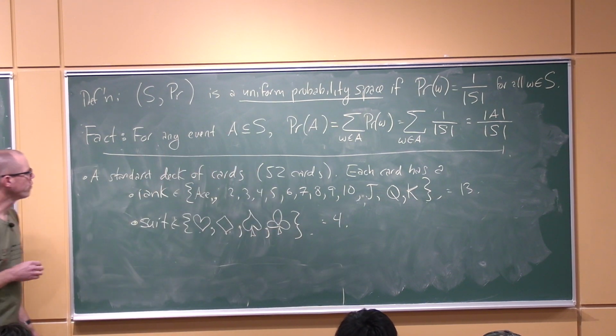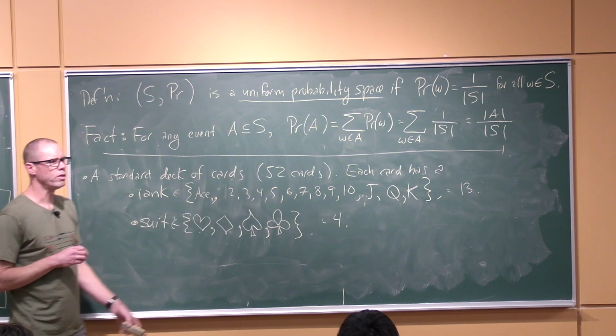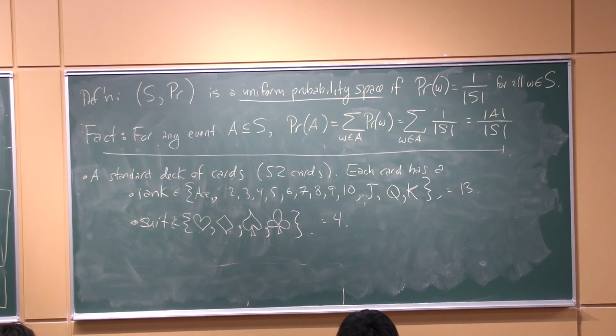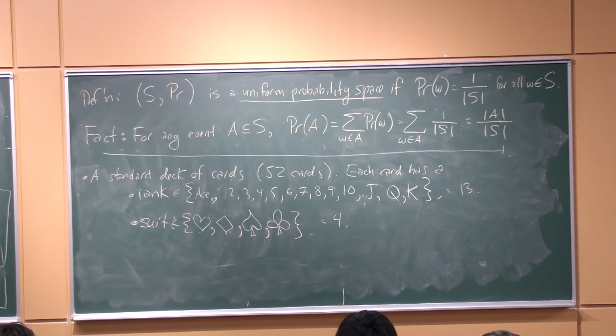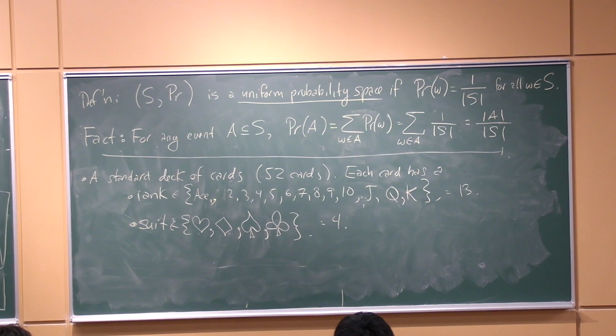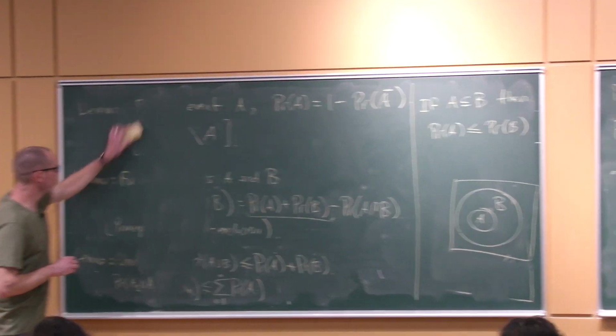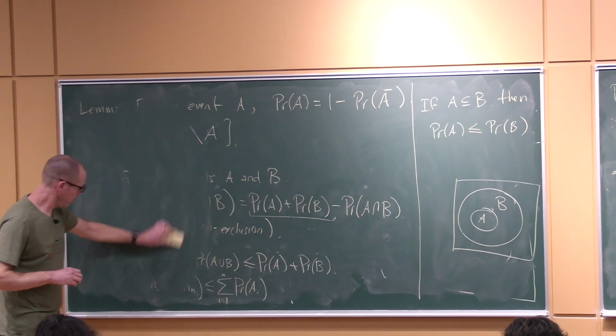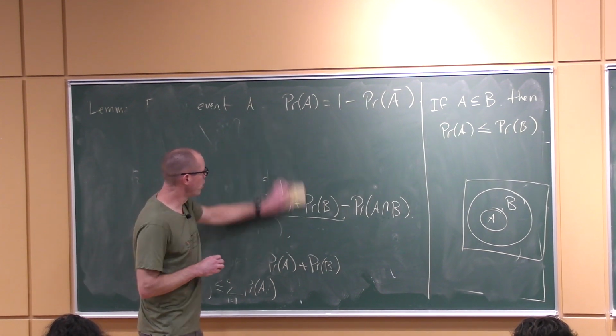And 13 times 4 is 52, so that's good. That's where the 52 cards come from. So every combination of these occurs. All right, that's the definition of a standard deck of cards, which many of you have seen before. Let's play some poker.